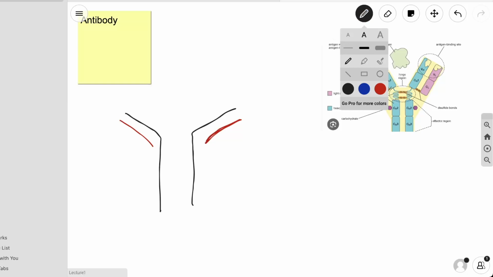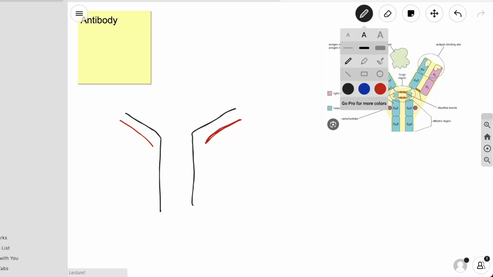Now my question is, which area of this antibody engulfs the antigen? When the body notices an antigen and releases its antibody, what part of this antibody holds the antigen, the foreign body that enters the body?